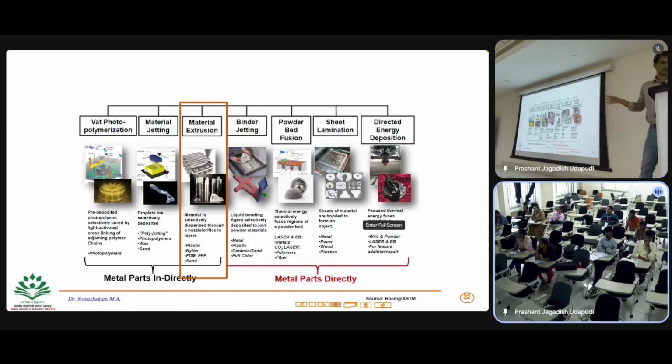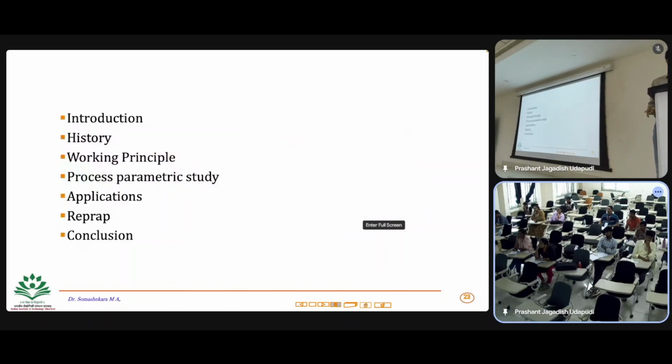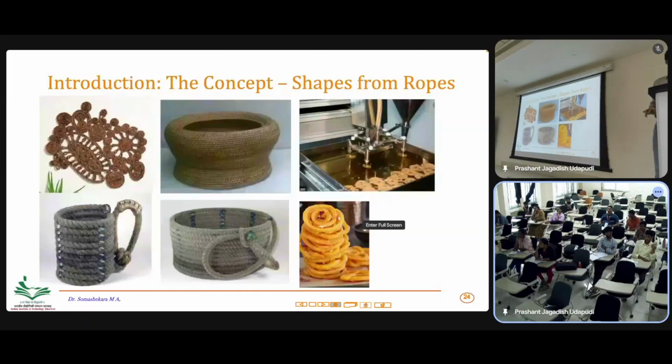So now let's talk a little bit about material extrusion. This technology is not something very new for us, actually. A lot of our technologies are like this. For example, how many of you have seen them making a jalebi, right? How is the jalebi actually formed? You might have seen the shape being formed using different ropes.